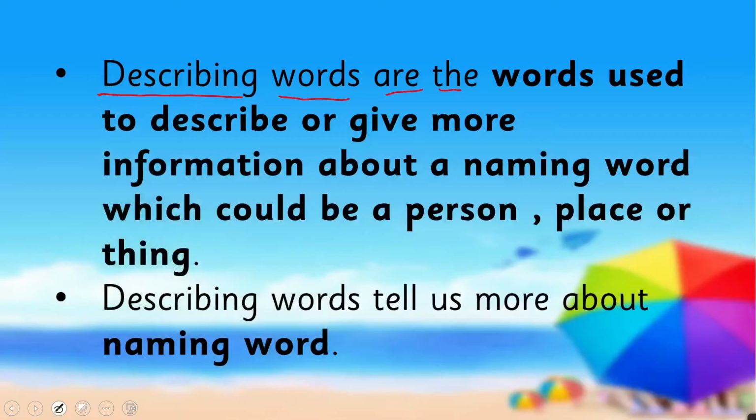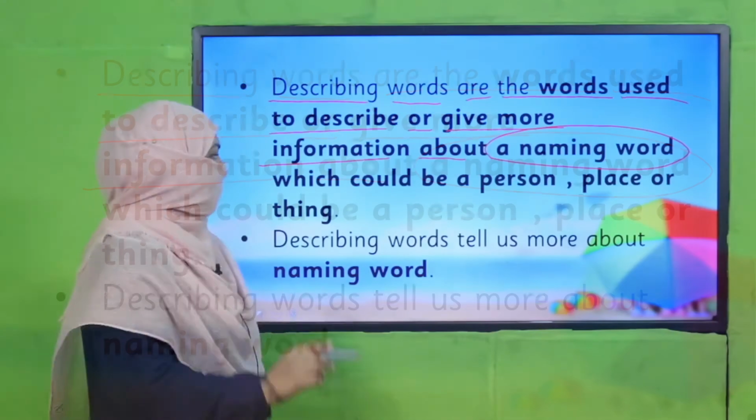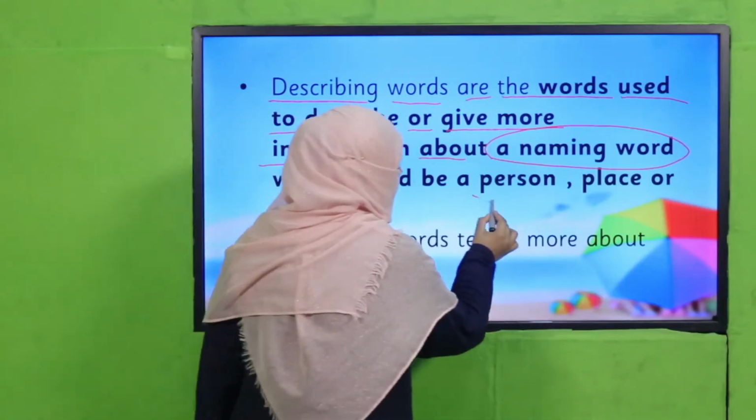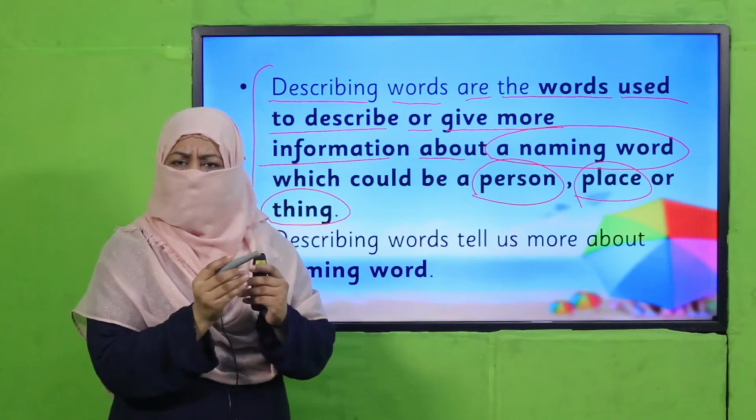describing words are the words used to describe or give more information about a naming word, right? And what is a naming word? A naming word can be a person, a place, or thing. Remember, I taught you everything around us is a naming word.